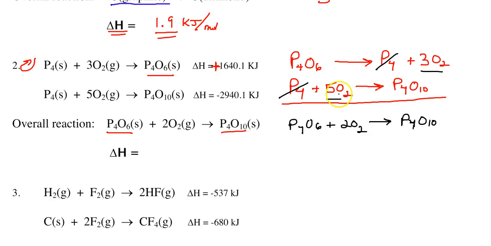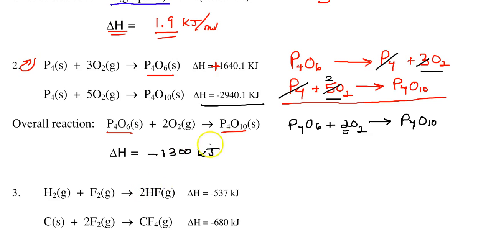Well, I'm losing 3, I'm starting with 5, so there's a net gain of 2, right? That's why the 2 is here, so I did this correctly. And all I'm going to do now is add these two reactions. I add these delta H's together like I've done, and when I round off, I get about negative 1,300 kilojoules.